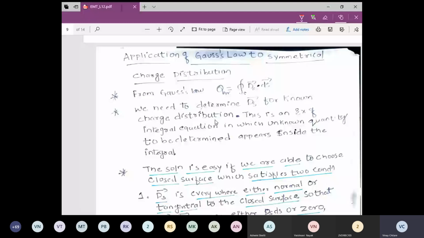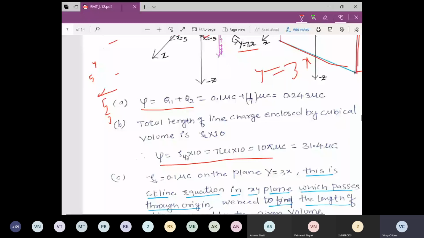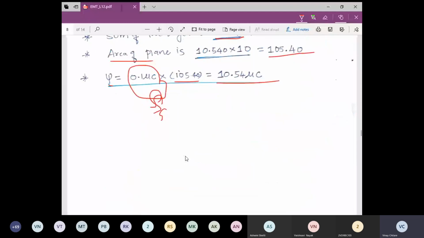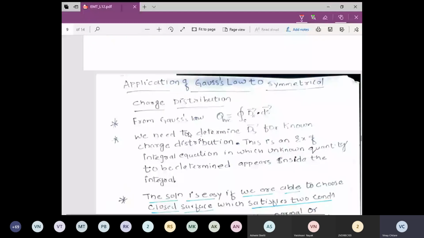Now we have seen what Gauss's law is, and we have seen problems based on Gauss's law. Next is the real application of Gauss's law. We have a great advantage from Gauss's law when we have a symmetrical charge distribution, and we'll use it to find the electric field due to the symmetrical charge distribution.